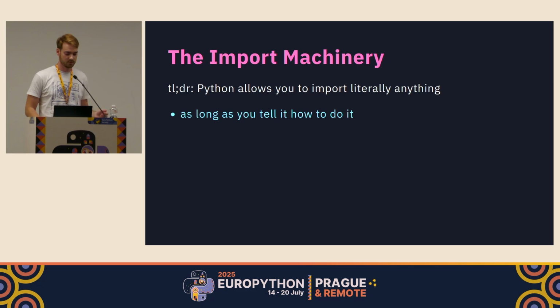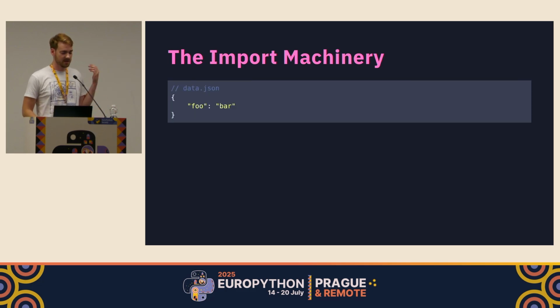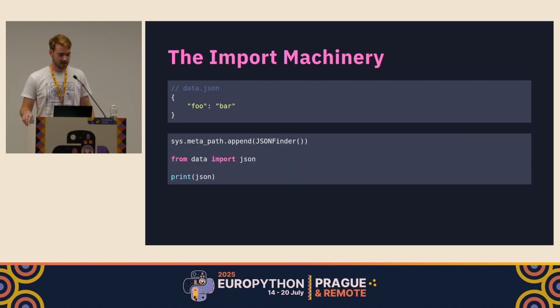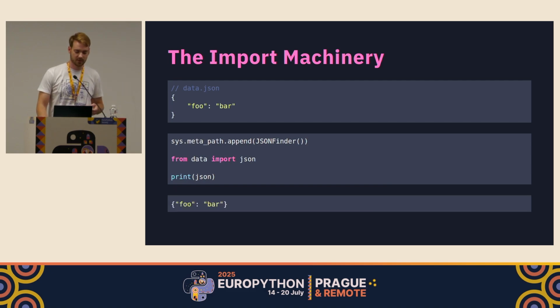To give you an example, let's say you have this data.json file with some JSON inside, and I can have this script where I change this sys.meta_path special variable. I append something called this JSON finder, which I will show on the next slide, so don't worry about it too much. But what this allows me to do is then say from data import JSON, and when I print it, I get the actual JSON contents of the file as a Python object.